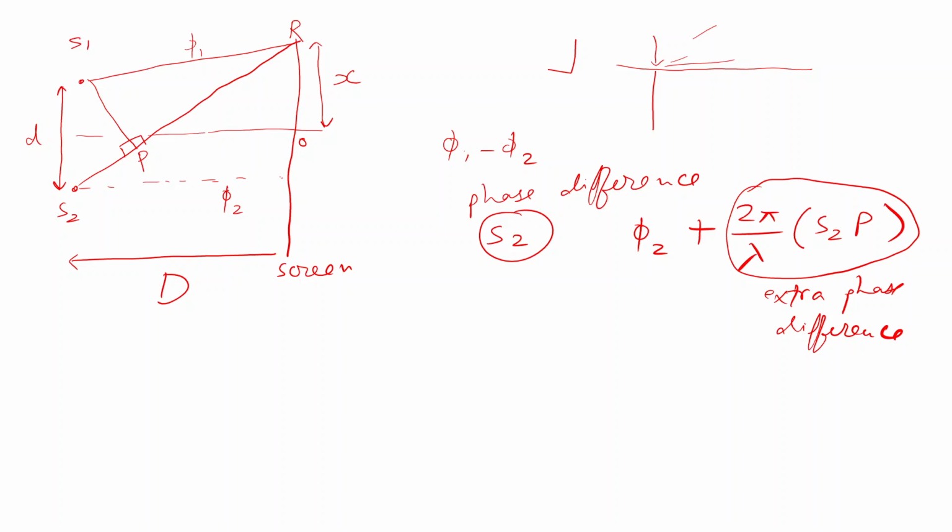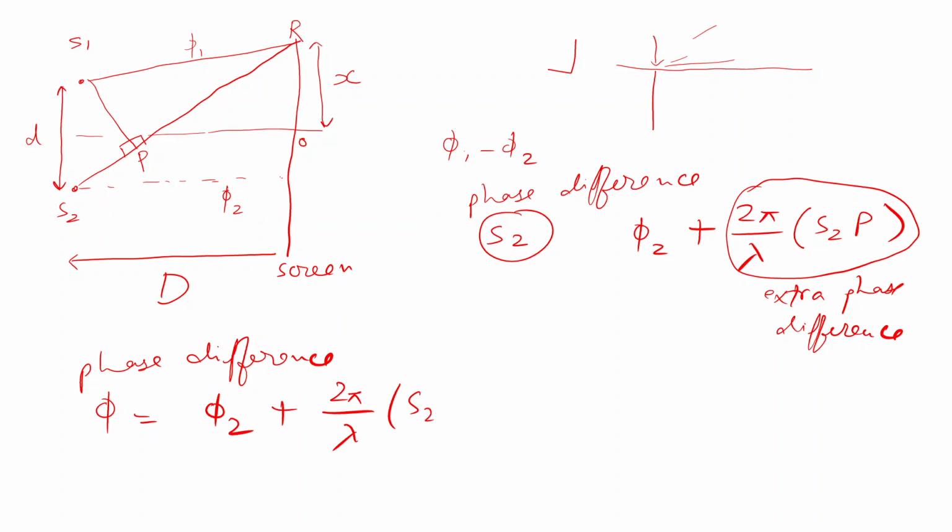So the phase difference at the time these two waves reach point R on the screen will be the total phase for S2, which is phi2 plus 2 pi by lambda multiplied by S2P, and we subtract from this the phase phi1.